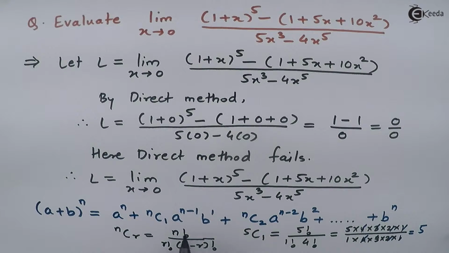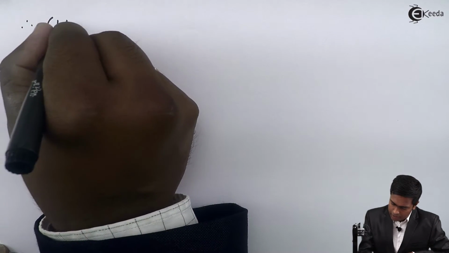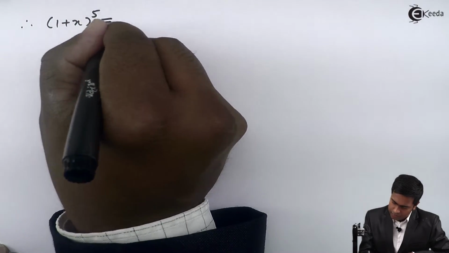So by using this formula we will find the different values like nC1, nC2, nC3 and so on, and we will apply this binomial formula in the first term. So let's start with it. Therefore (1 plus x) raised to 5 we have.